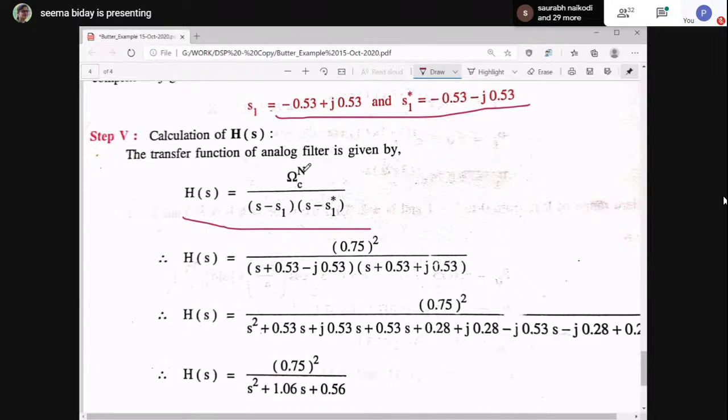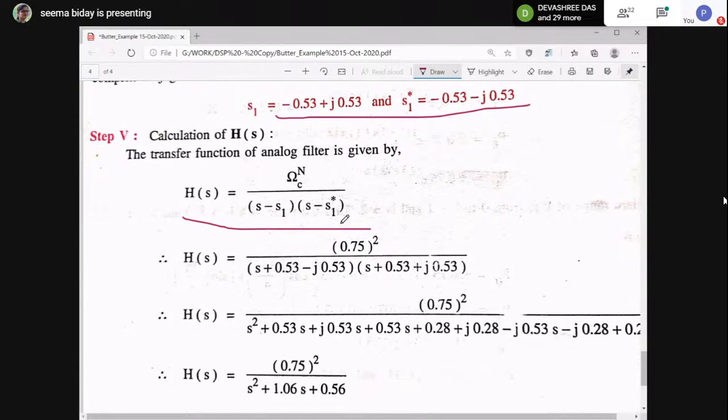Omega c raised to n. This is also a formula. Last time I gave you all the formulae, and now we are using omega c raised to n. Omega c is the cutoff frequency of the analog filter, N is 2, the order of the filter, divided by s minus s1, s minus s1 star, or you may write s0 and s1.